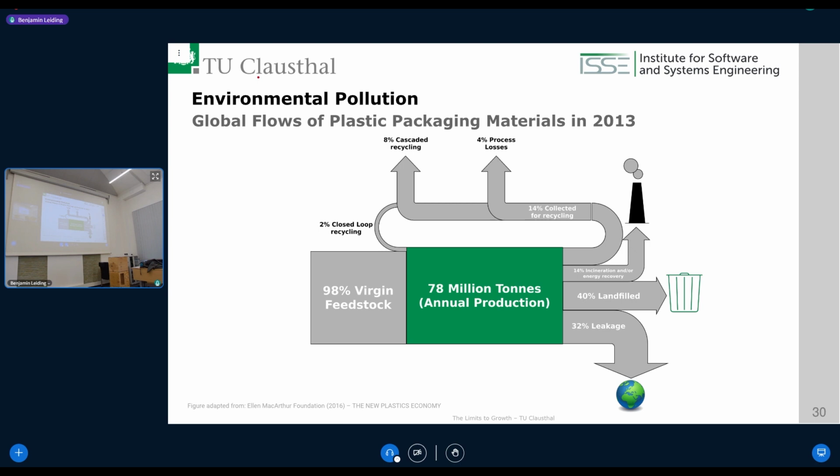The only acceptable answer would be that we're now at 98% closed loop recycling, but we're not there yet. We're far away from that. We just didn't find a proper figure that breaks it down that nicely into the different streams that we just talked about.